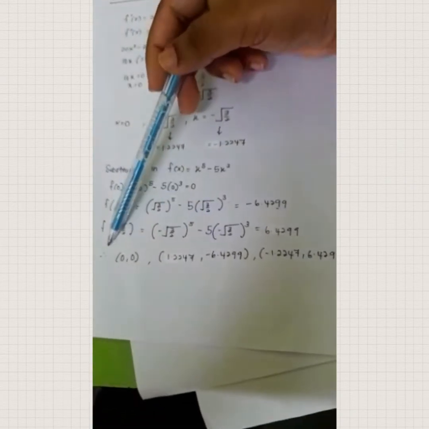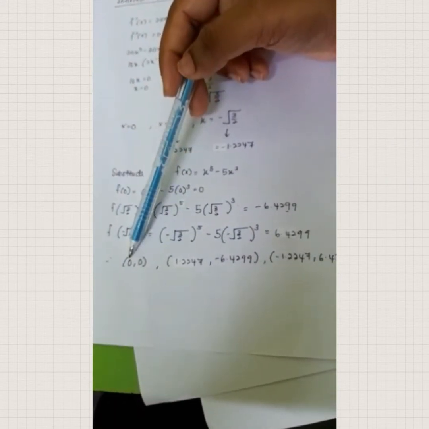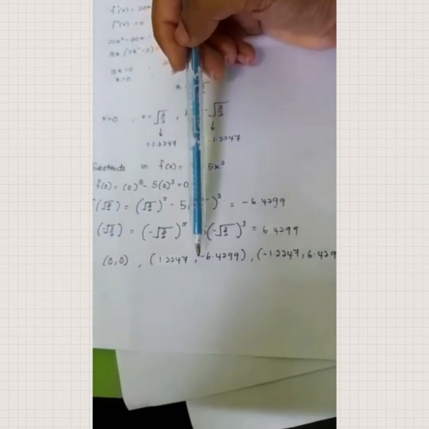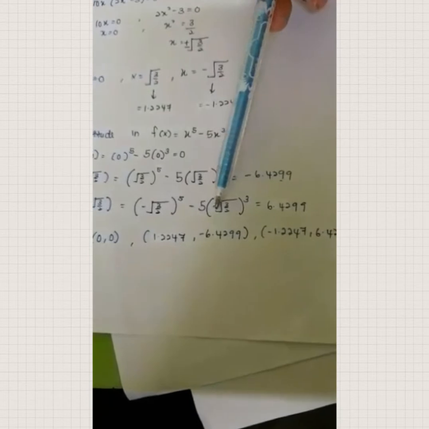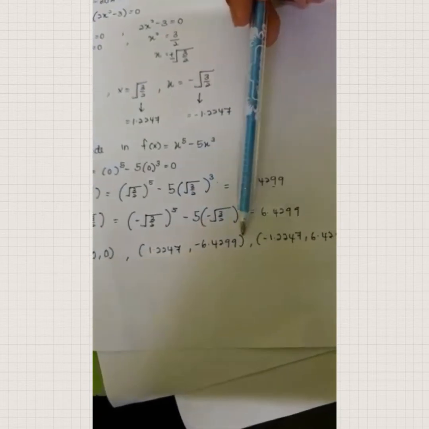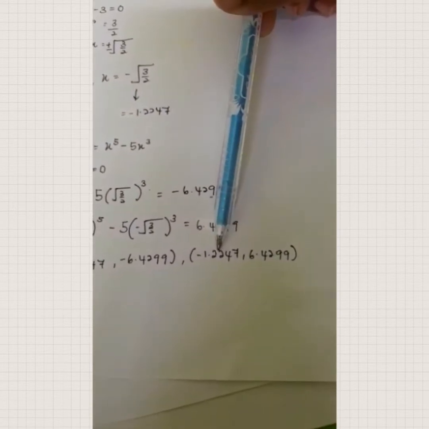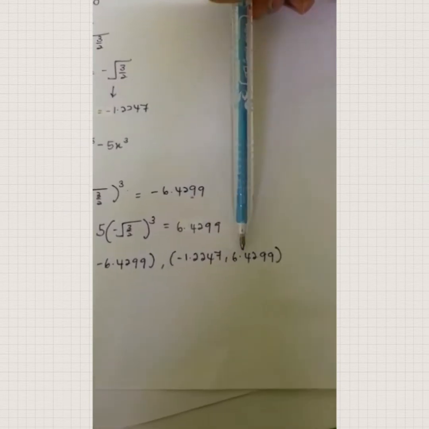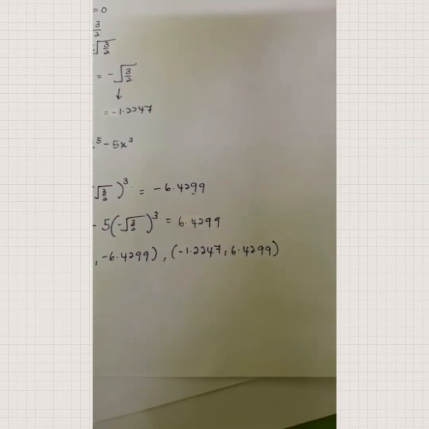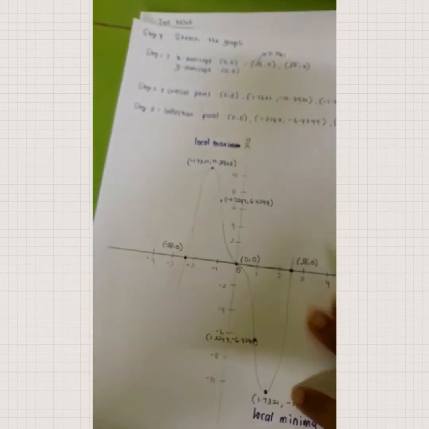So when x equals 0, f x equals 0. When x equals 1.2247, f x is negative 6.4299. And when x equals negative 1.2247, f x is 6.4299.